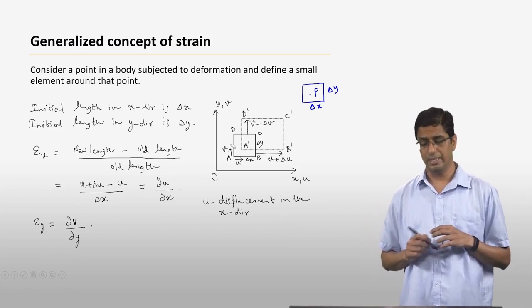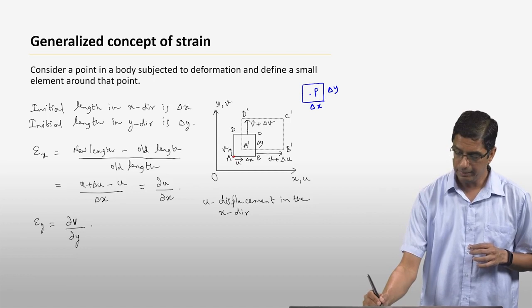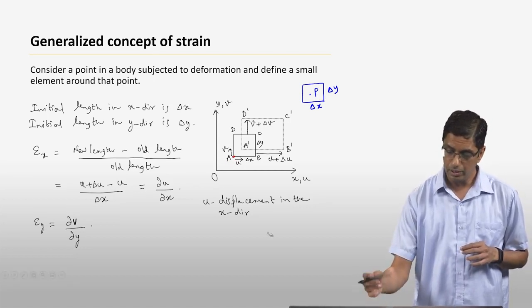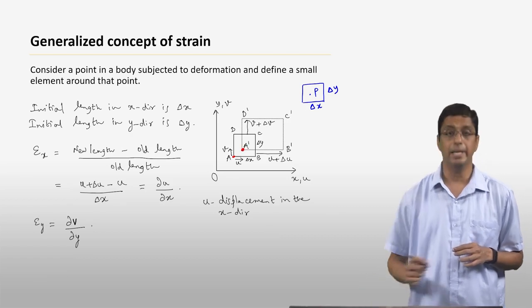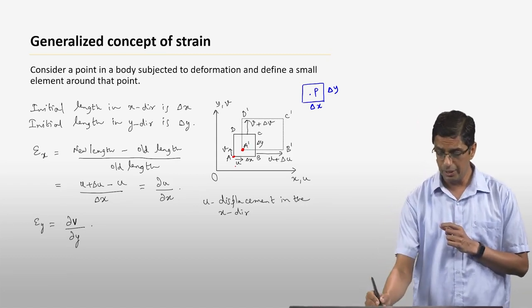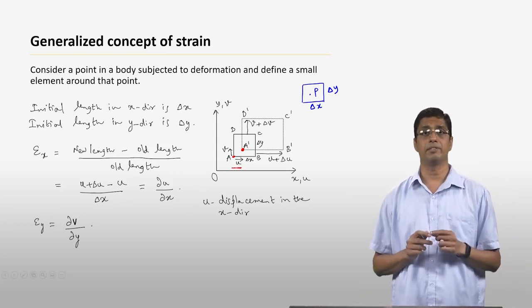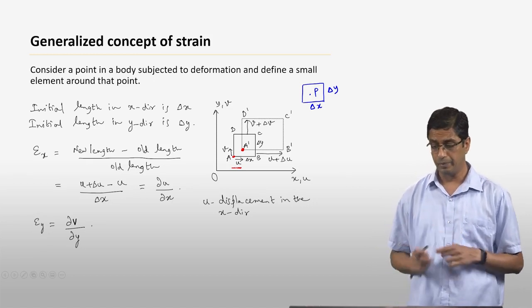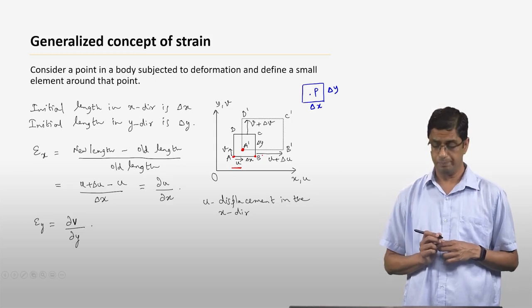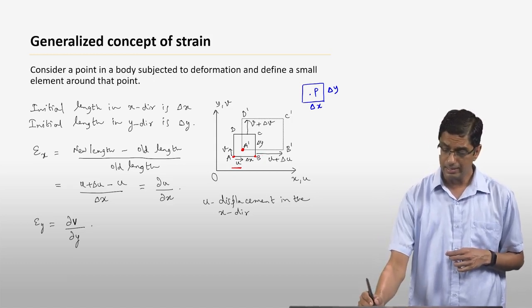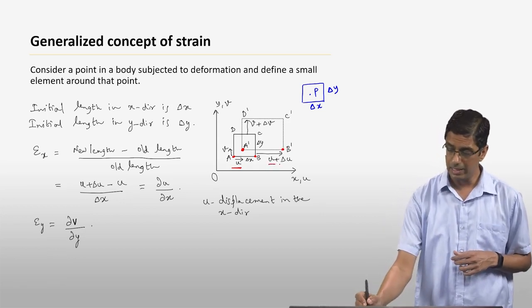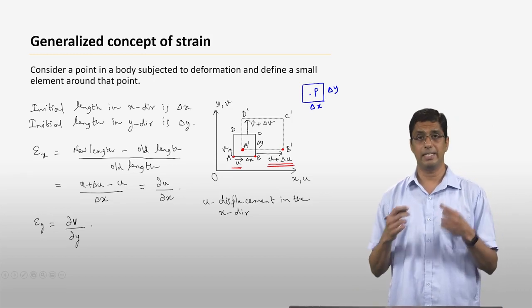One way you can do that is that you can say that this point A has translated from its initial location to its new location A prime, and the displacement of this point A is u. Now, if you consider this point B, which is the other corner, then that has translated from B to B prime, and this displacement is u plus delta u.